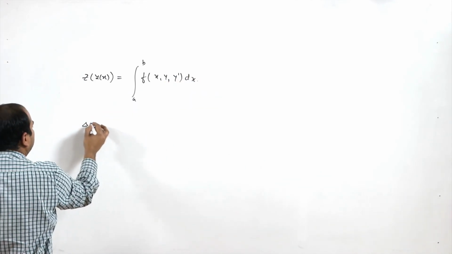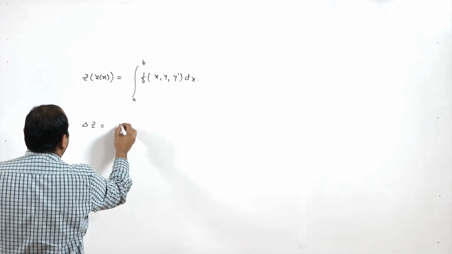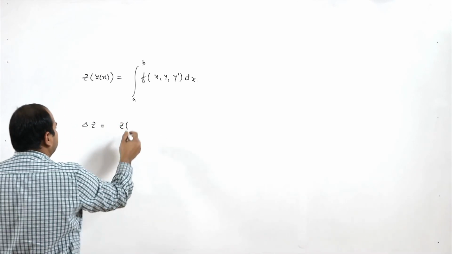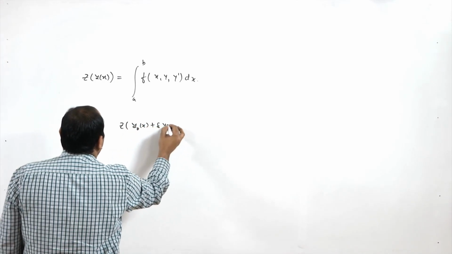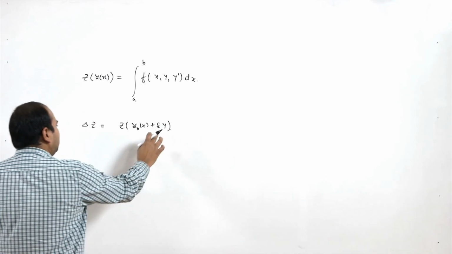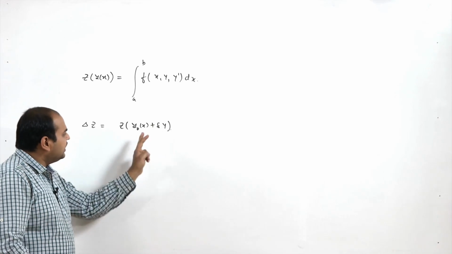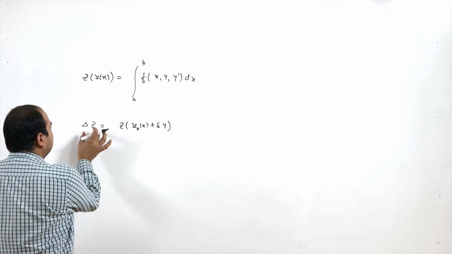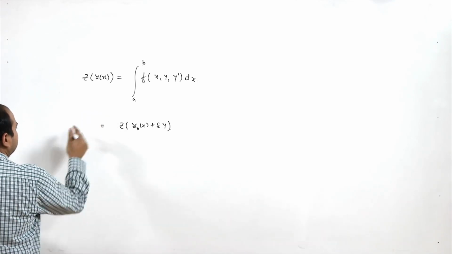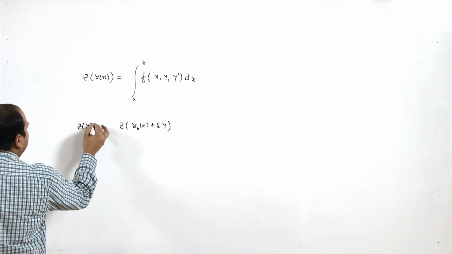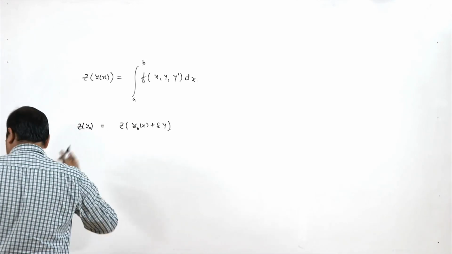Now to find delta of z, delta z is basically z[y naught(x) plus delta y]. Here delta y is a variable, and let me write z of y naught here.